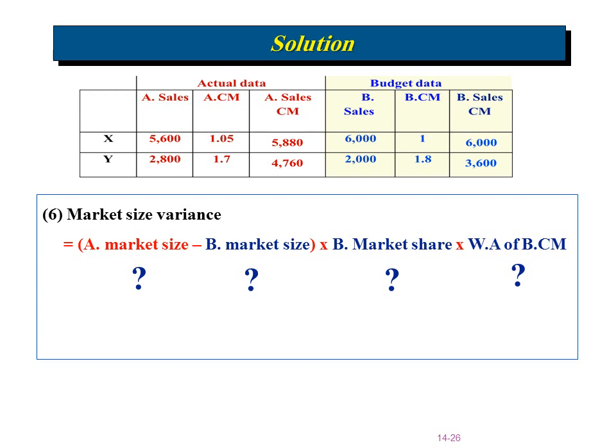So I need 4 amounts: actual market size, budgeted market size, my share in budgeted market, and weighted average of budget contribution margin.